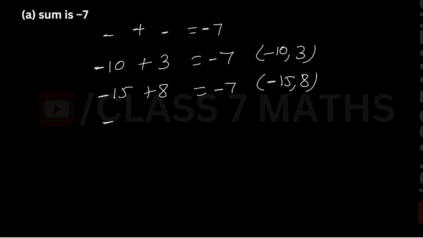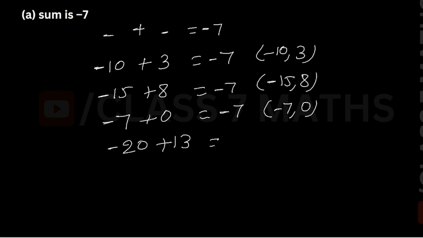Now I am taking the 0 combination, that is minus 7 plus 0 equals minus 7, so minus 7 comma 0. Now one more, minus 20 plus 13 equals minus 7, so minus 20 comma 13 is the pair.